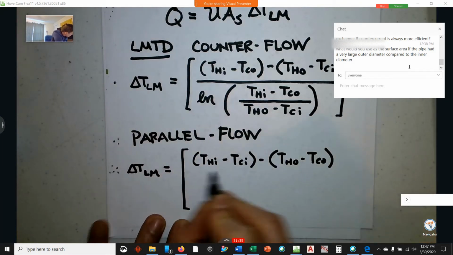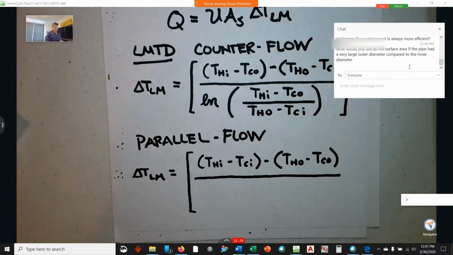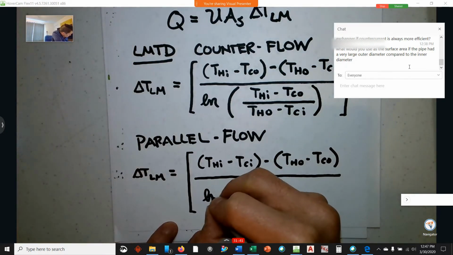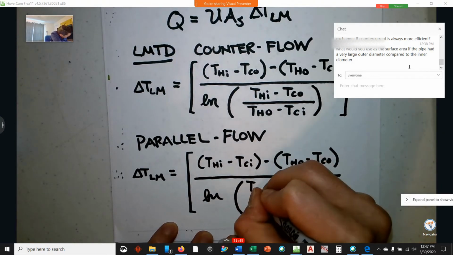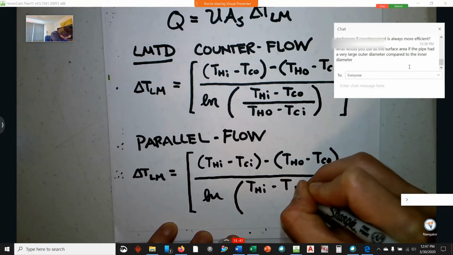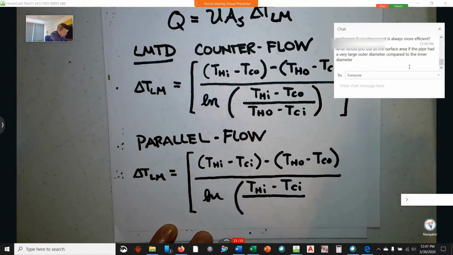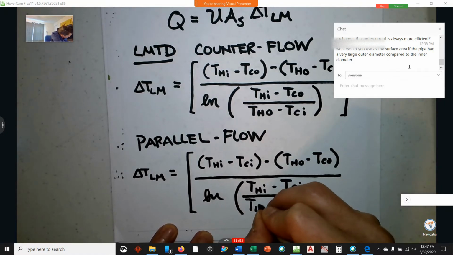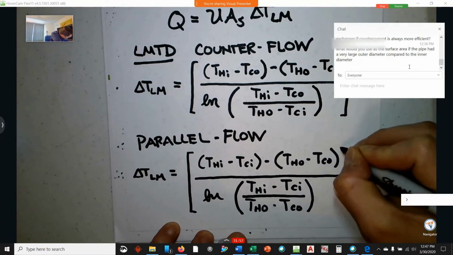Looking at the deltas basically at the inlet and outlet of the heat exchanger overall, natural log, the hot inlet temperature minus the cold inlet temperature over the hot outlet temperature minus the cold outlet temperature.